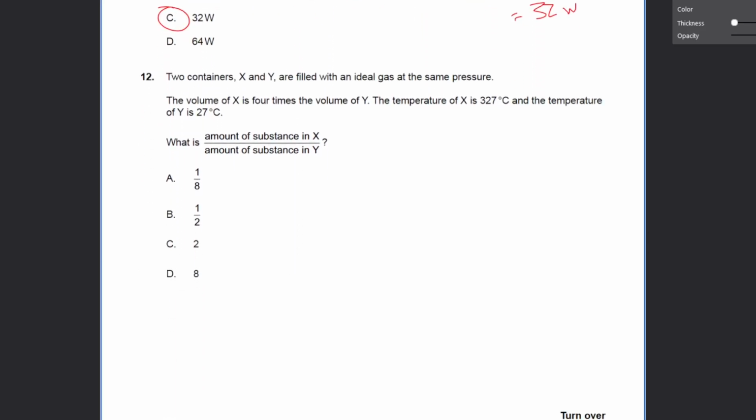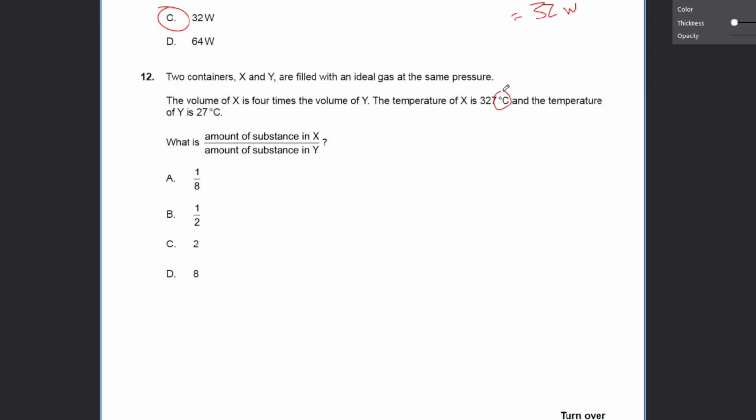Question 12 here. Two containers, X and Y, are filled with an ideal gas at the same pressure. The volume of X is 4 times the volume of Y. The temperature of X is 327 degrees Celsius, and the temperature of Y is 27 degrees Celsius. Sorry, I don't know why I said Kelvin.